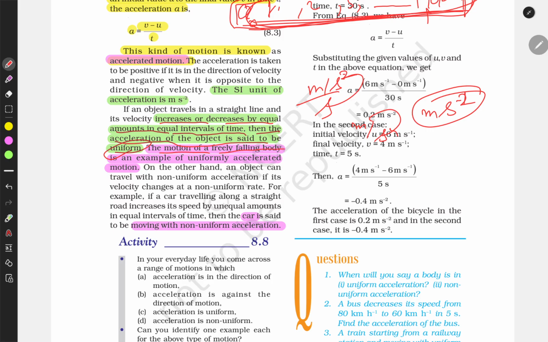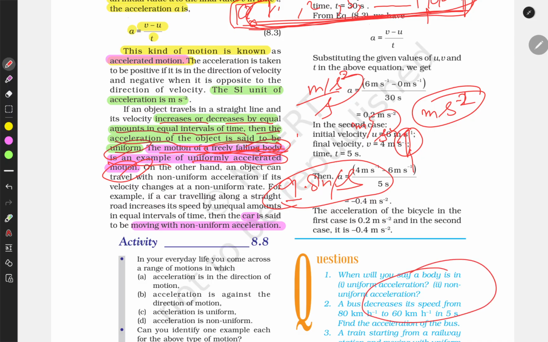The motion of a free falling body, which means falling under the force of gravity, is an example of uniformly accelerated motion. We have a gravity of 9.8 meters per second squared. If an object falls and we remove the air resistance, it will accelerate at 9.8 meters per second squared. Suppose there is the earth, a ball, and a vacuum, so we neglect all the air resistance.